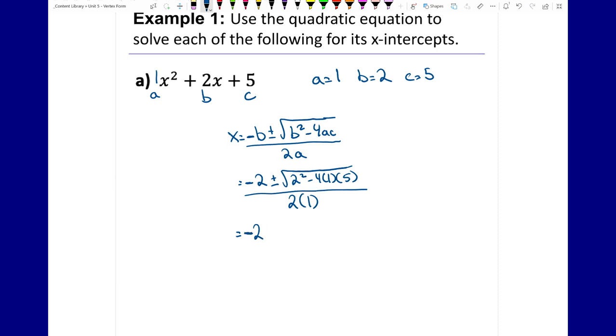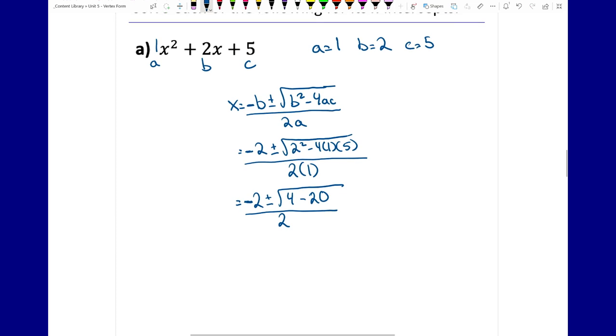So negative b, or negative 2, plus or minus the square root of 2 squared, which is 4, minus 4 times 5, 1 times 5, which is 20, and then divided by 2. I can continue through and simplify.